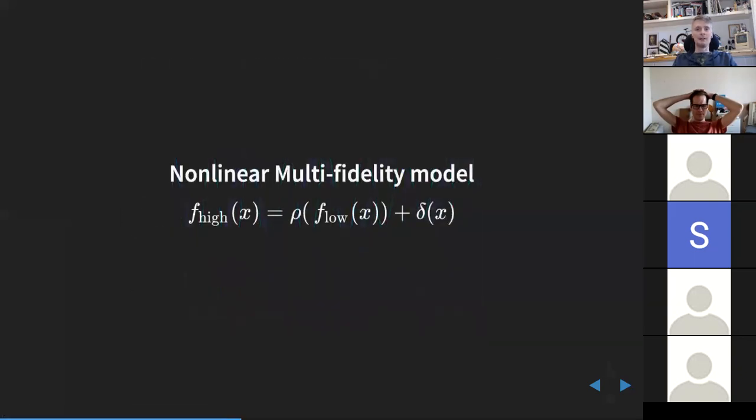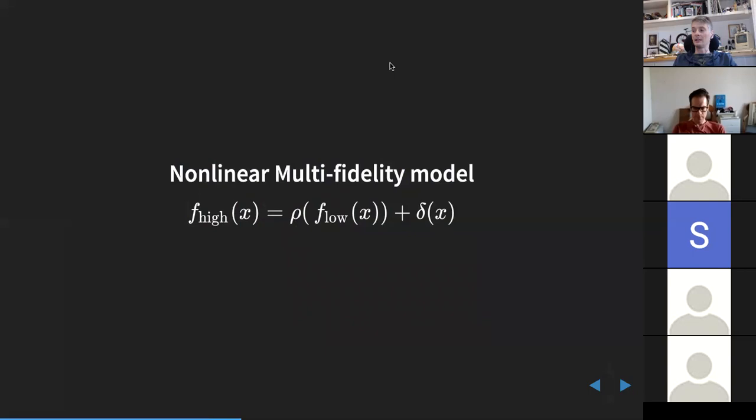So the alternative is that you start doing nonlinear multifidelity modeling. In nonlinear multifidelity modeling, you say that your high fidelity is now a nonlinear function. So rho is now a function instead of just a scalar, a nonlinear function of your low fidelity term plus some independent corruption.